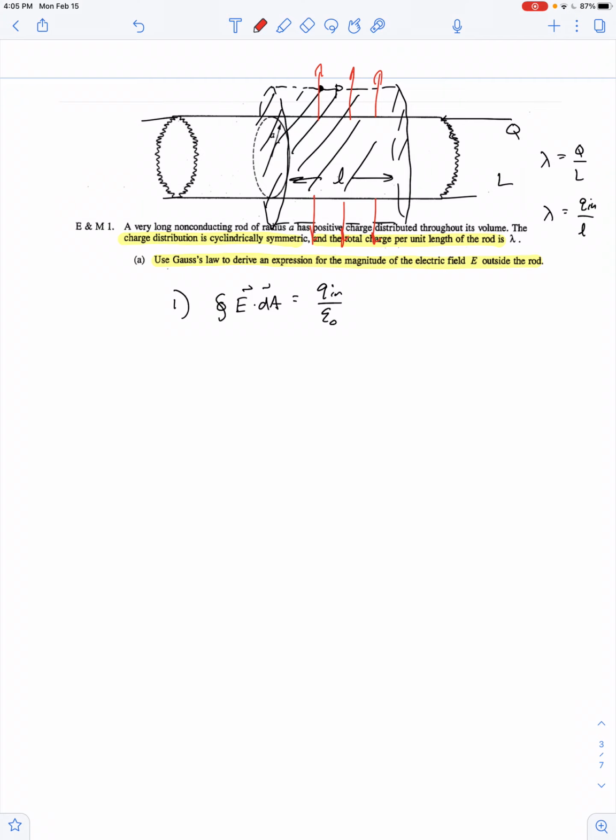And so this expression on the left side of the equation for total flux, there's no contribution to the total flux through the caps of our Gaussian surface. So we can skip a couple steps and recognize that the left side is just going to become E times the area of our Gaussian surface through which there is flux.